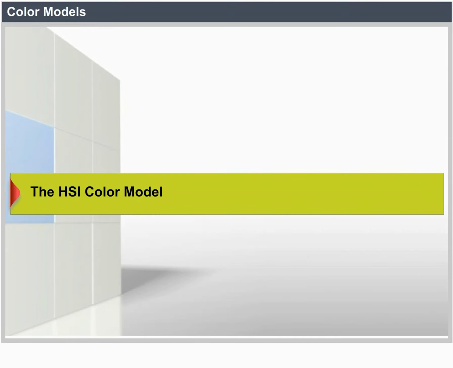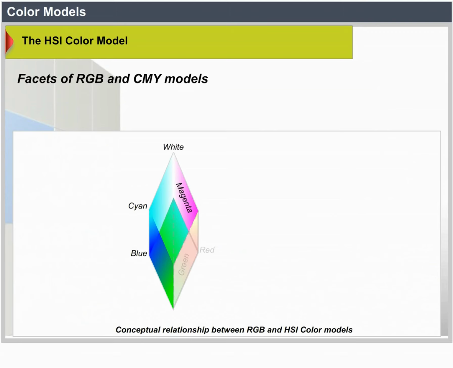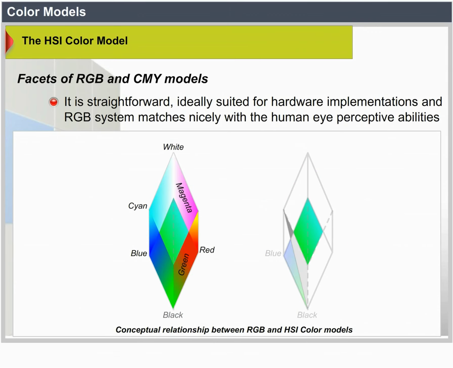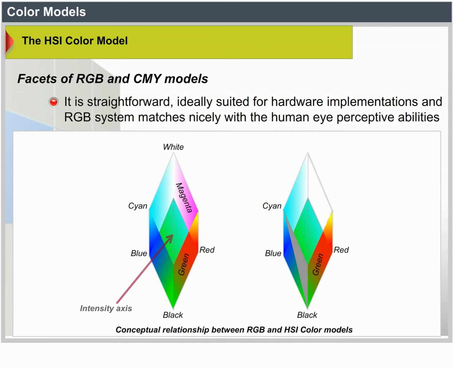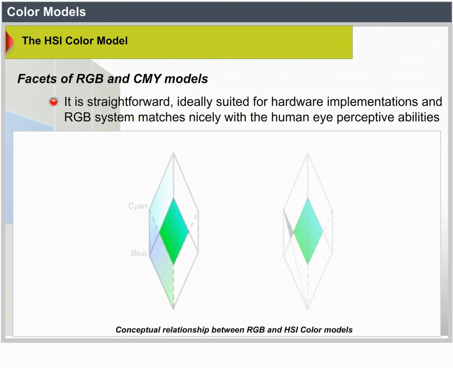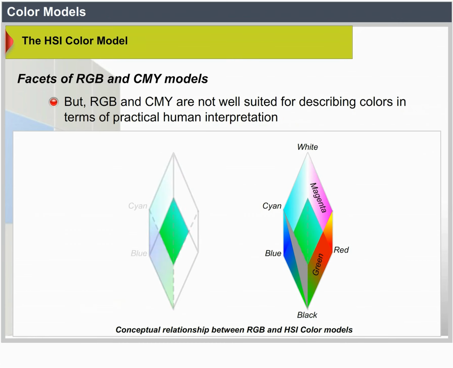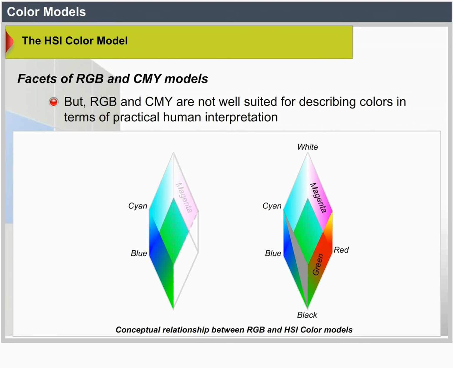The HSI color model. RGB and CMY models are straightforward and ideally suited for hardware implementations, and the RGB system matches nicely the human eye's perceptive abilities. But RGB and CMY are not well suited for describing colors in terms practical for human interpretation.